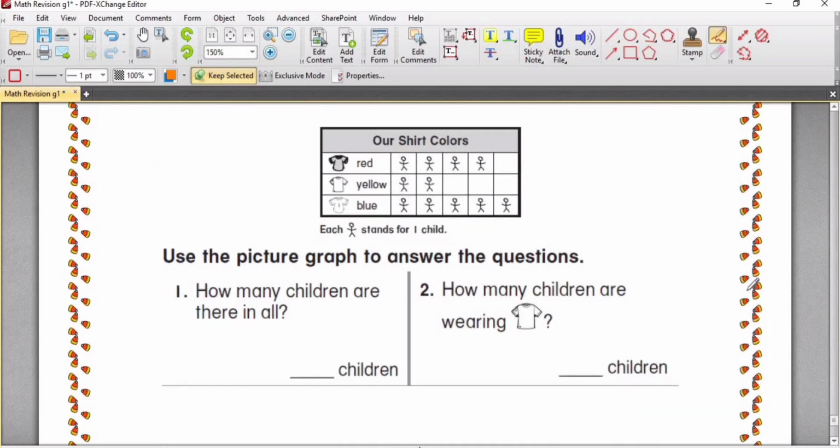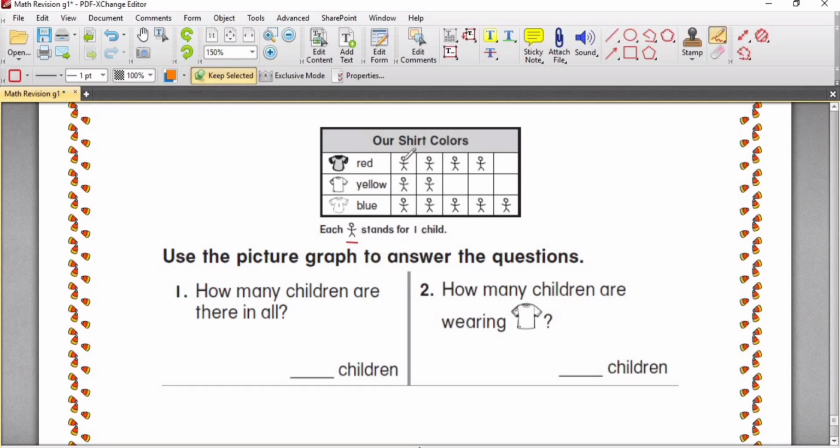Now let's see this question. Here he gave you this table and he tells you our shirt colors. We have red, yellow and blue. And he wrote for you here, each picture stands for one child. So each picture represents one child.